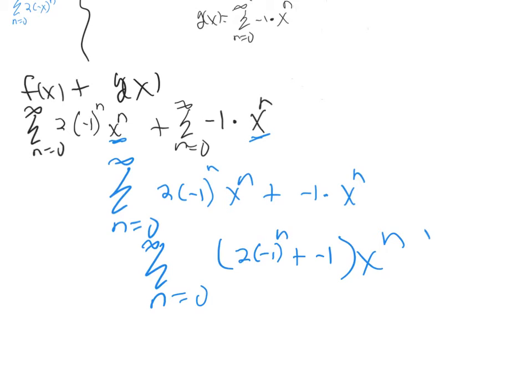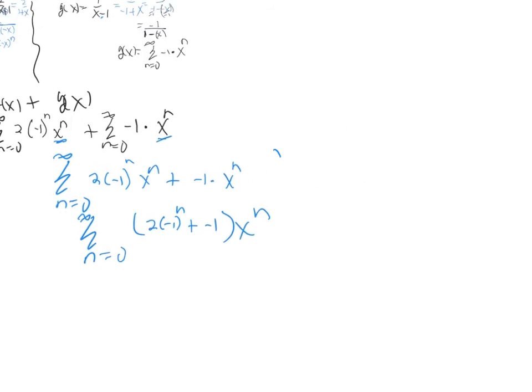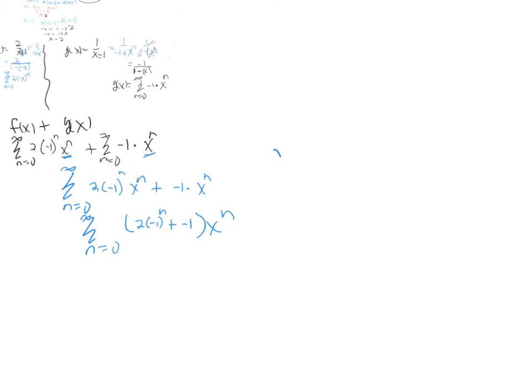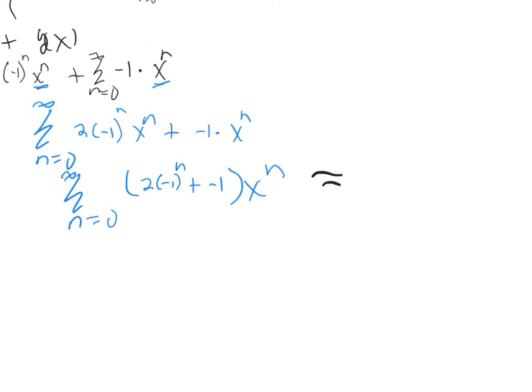Can I do anything else with it? Looks like about as simple as I can do. So let me start building it. Equals, this is what it looks like. If n is 0, negative 1 to the 0 is a 1. 2 times 1 is 2. 2 minus 1 is 1.